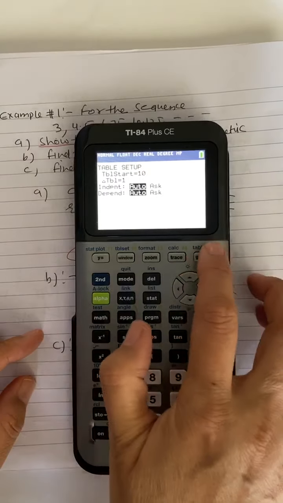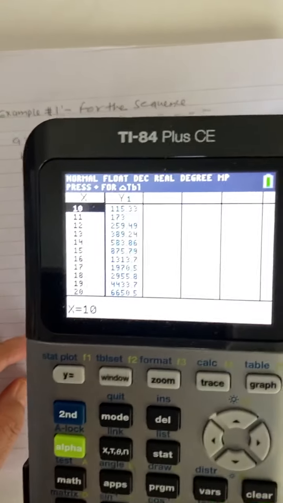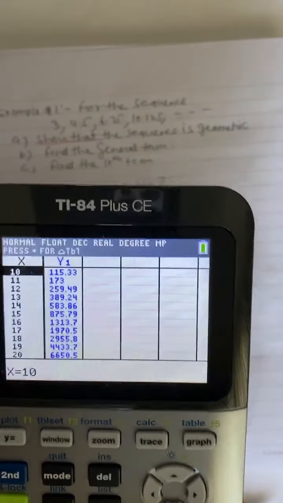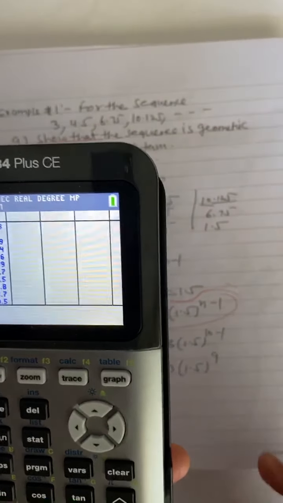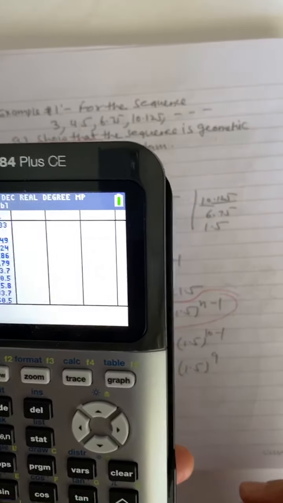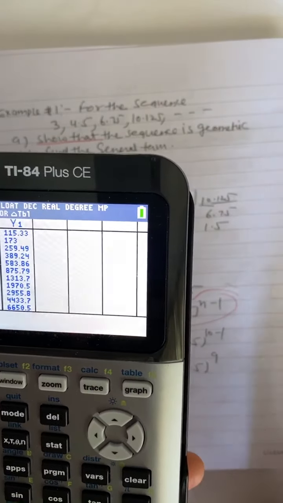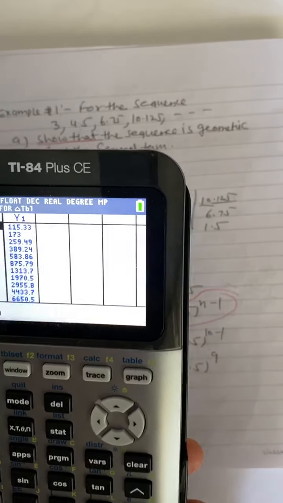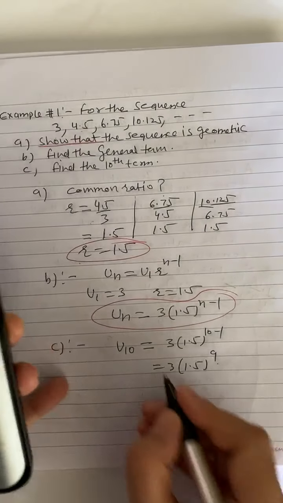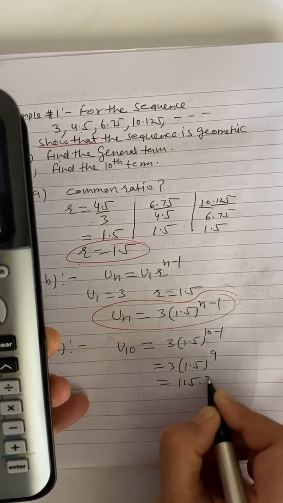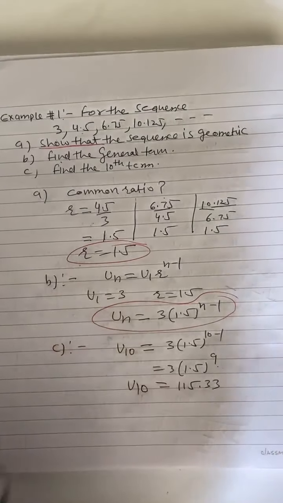Then I go to the graph table, and it will give me the value of the 10th term. So it's up to you whether you enter your rule as y1, or just use the screen to enter 3 times 1.5 to the power of n. Your answer in this case is 115.33. So that's your u10.